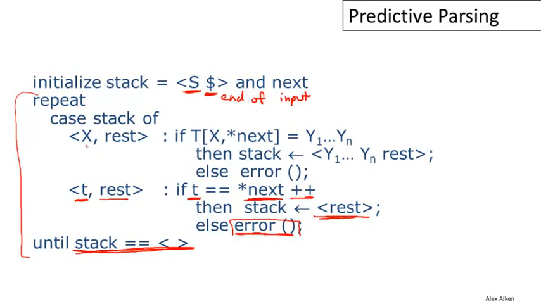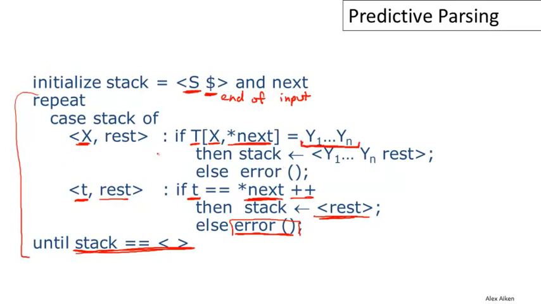Now, the second class of moves deals with the non-terminal. Let's say that the top of the stack is a non-terminal X. Remember that the top of the stack will be a non-terminal exactly when that is the leftmost non-terminal. So now we look at our parsing table under the entry for X and the next input symbol, and that should give us the right-hand side of a production.